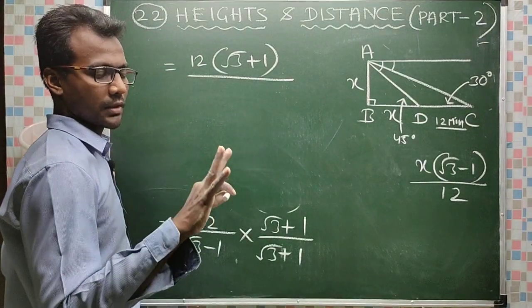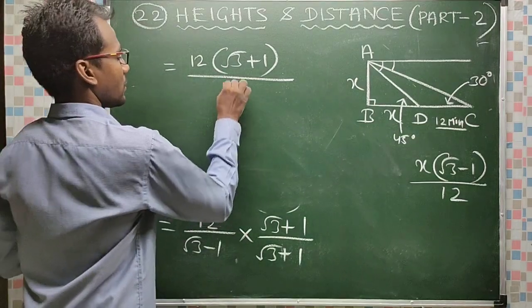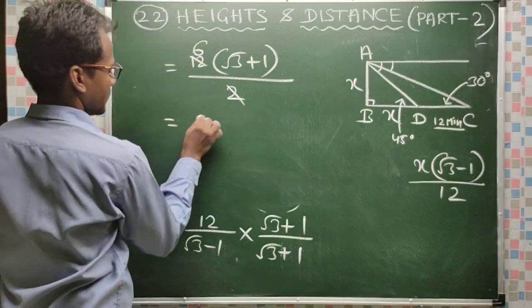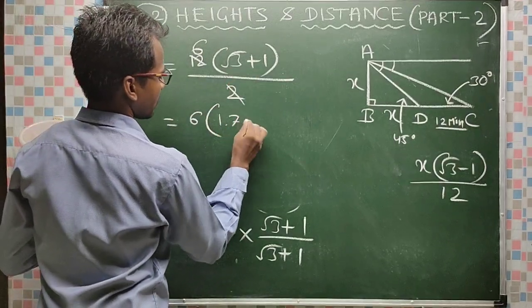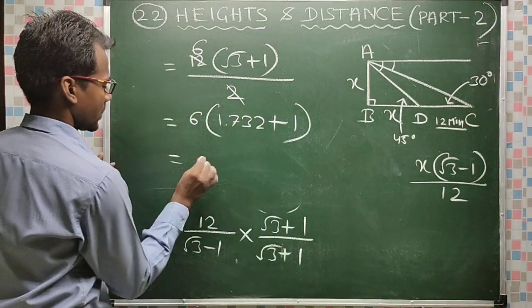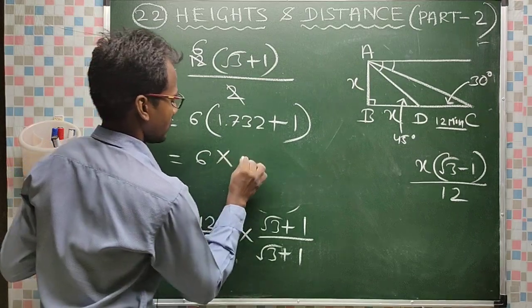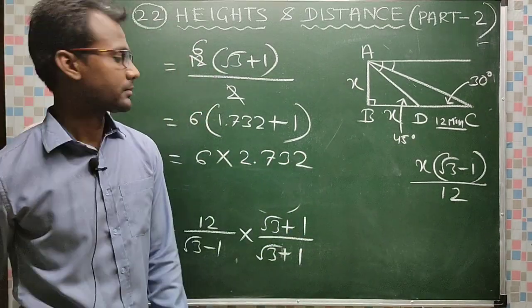So root 3 square is 3, 1 square is 1, 3 minus 1 is 2. 2 into 6. 6 whole root 3 value is 1.732 plus 1. So 6 into 2.732.